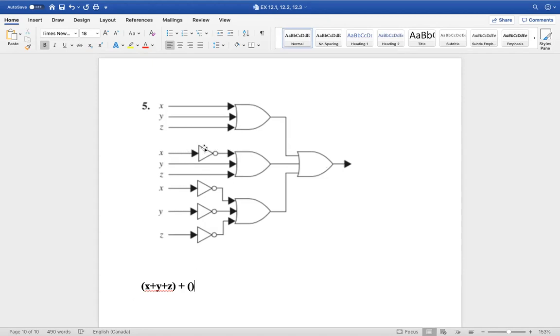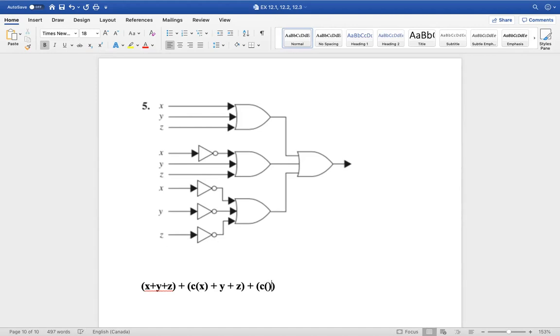So we're taking the complement of X, so this will be the complement of X. This is an OR gate, Y plus Z. Now we have plus here because it's going here. Now we take this side of the gate. We see that for all of X, Y, Z we are taking the complement.